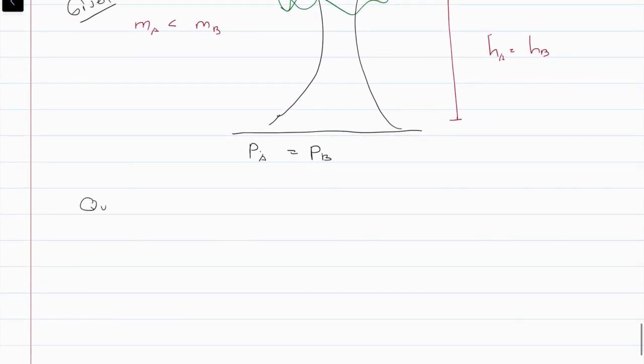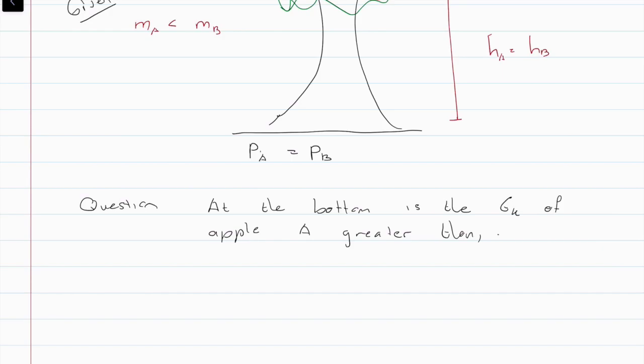Okay, and the question is basically: at the bottom, is the kinetic energy Ek of apple A greater than, less than, or equal to the kinetic energy of apple B?